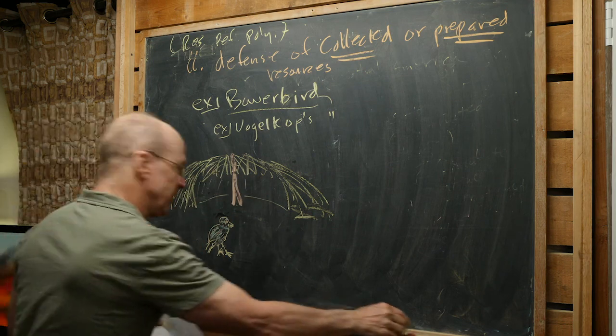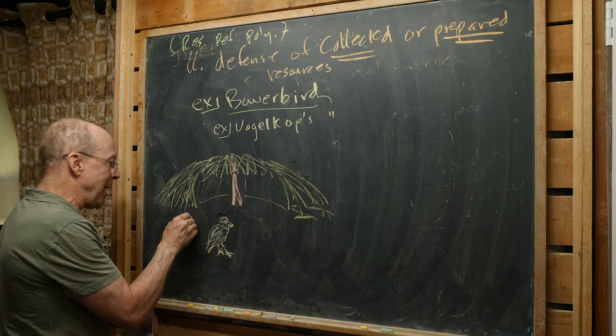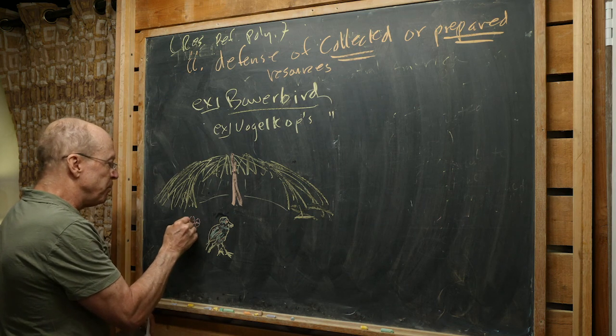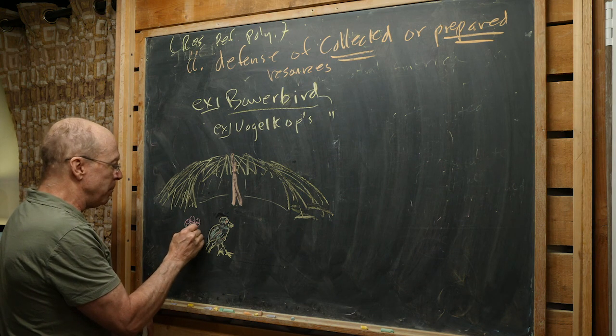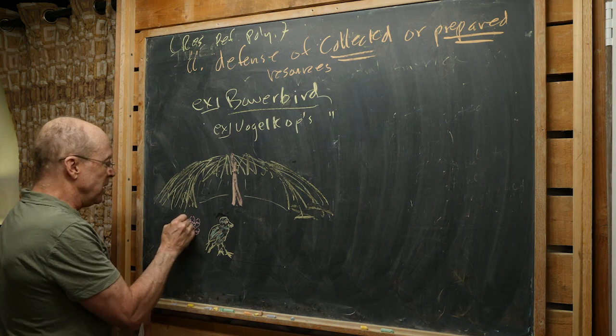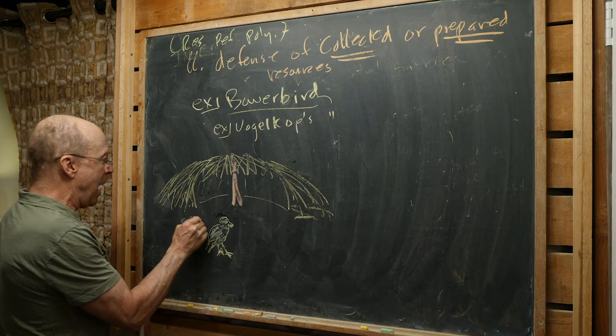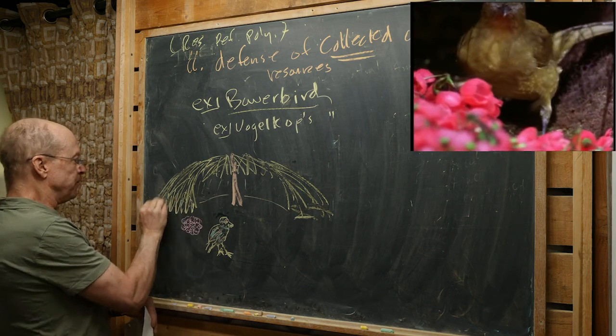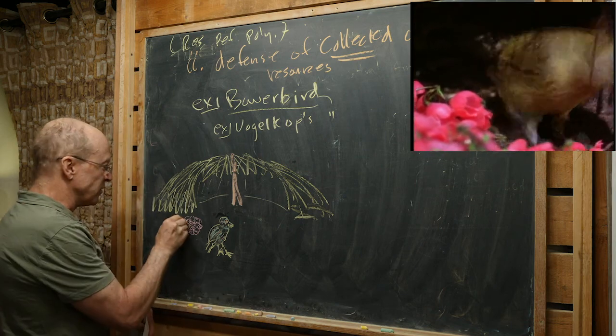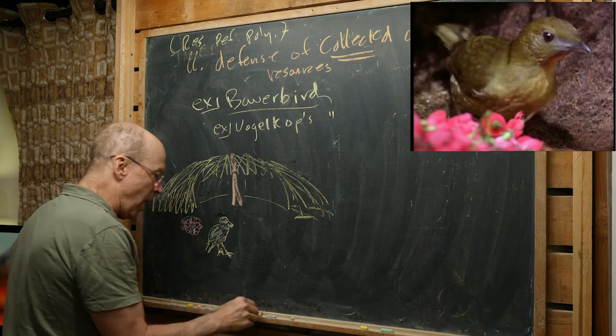He has all of this great stuff. He might have been out collecting these beautiful little blossoms. These are all little flower blossoms, and he's carefully tended this pile right out to the front of his bower.